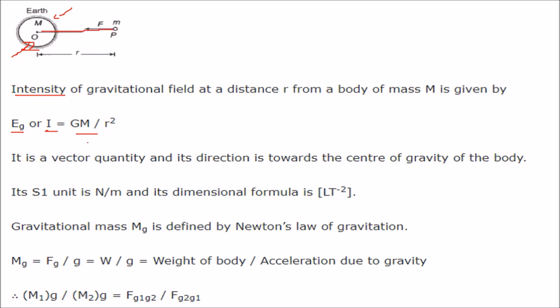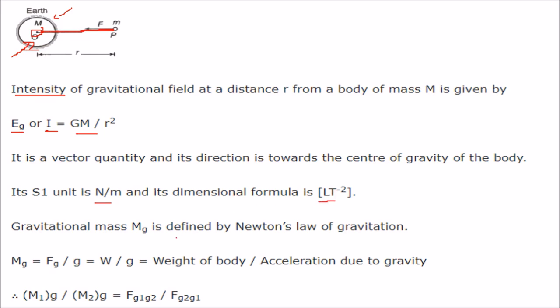This is a vector quantity, and the direction is towards the center of gravity of the body. The SI unit is Newton per kg and the dimensional formula is L T to the power minus 2.